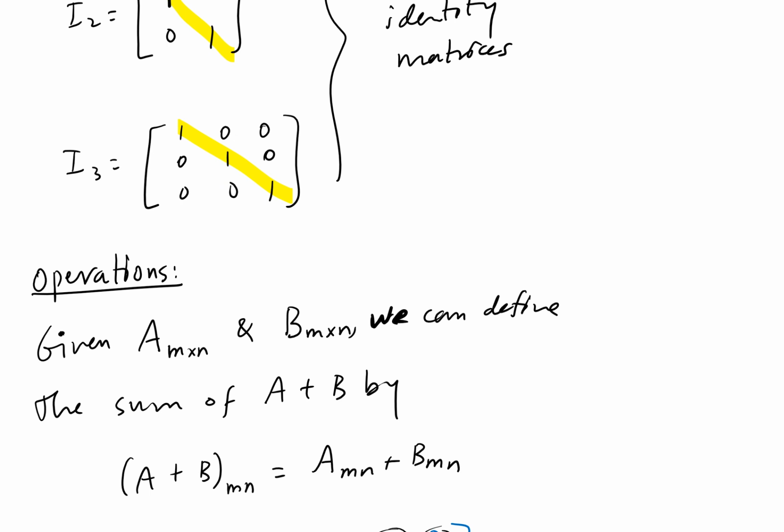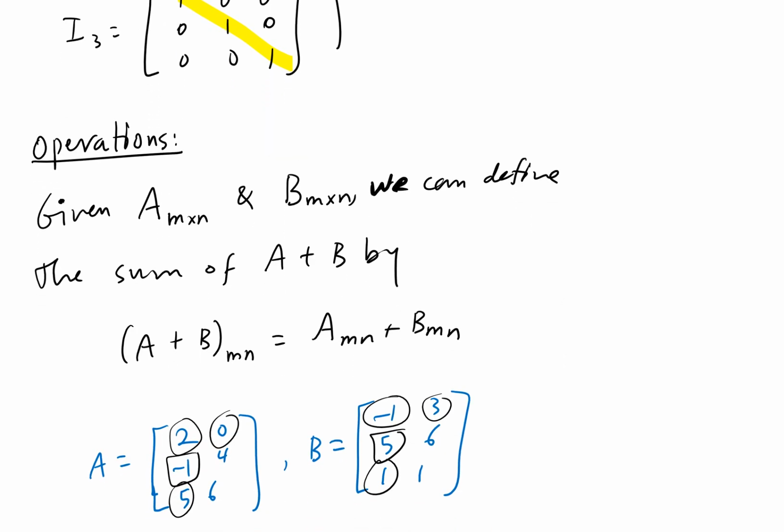So if I want to add these two matrices, this is 3 by 2 and this is 3 by 2. They have to be the same dimensions, same rows and columns, to be able to add them.